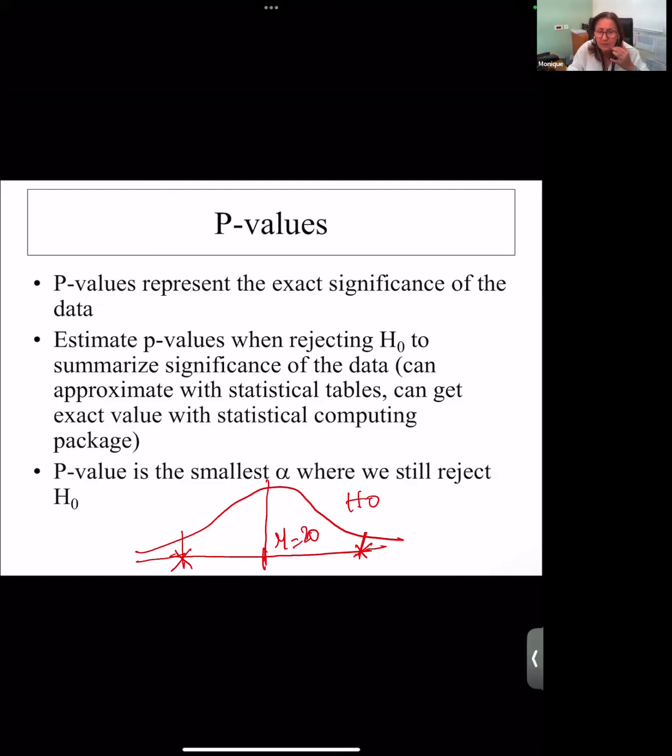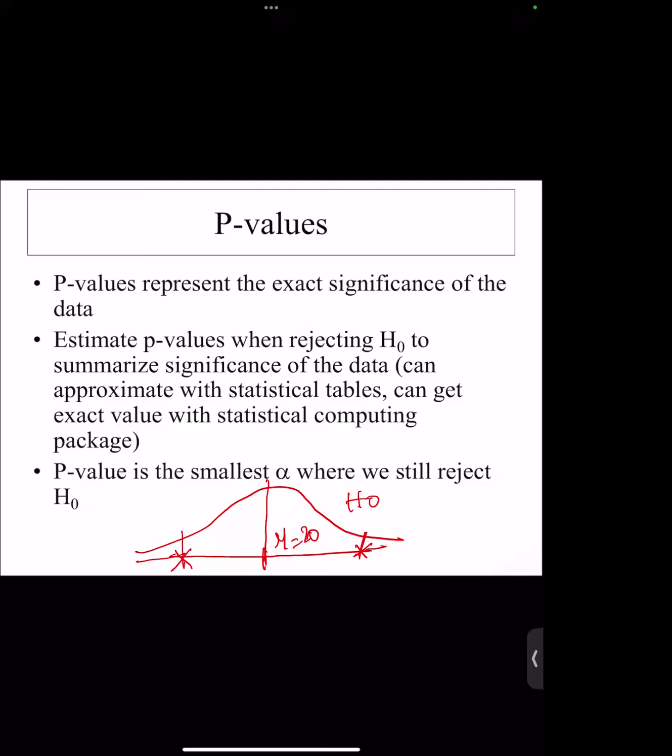Do you recall on the normal distribution, what is the Z corresponding to 95%? 1.96. Yes. Bravo. So minus 1.96 and 1.96 on Z.